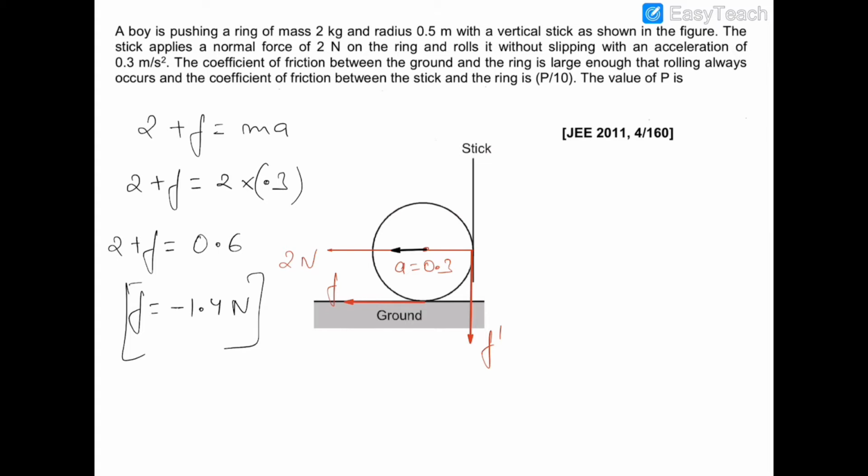Now we have to find out the torque on this ring. Now we know that the acceleration is in the forward direction, therefore the angular acceleration would be like that. And for the pure rolling condition, alpha is equal to A by R. So alpha is equal to A, which is 0.3, and the radius is 1 by 2.